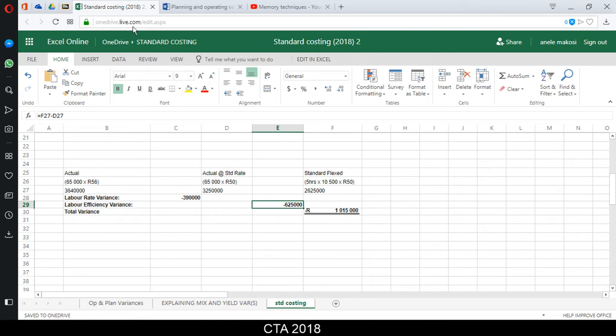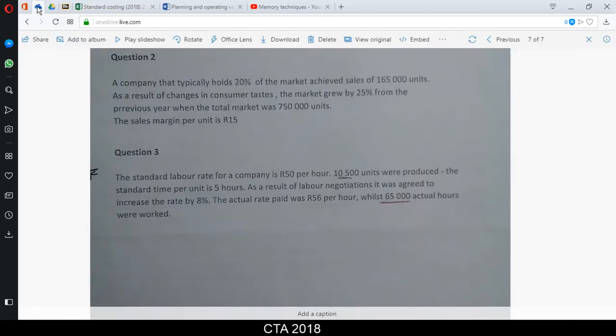Because if we look at this example, it's only the rate that was increased. So the standard efficiency did not change, it was not revised. That means even after we have revised the rate, they are still required to spend 5 hours per unit. So the efficiency remains 5 hours per the budget.